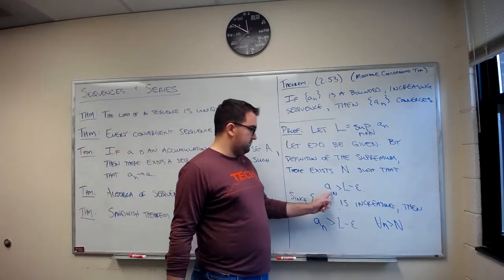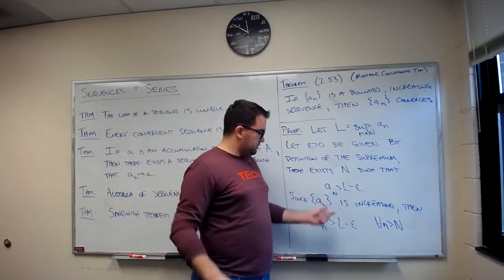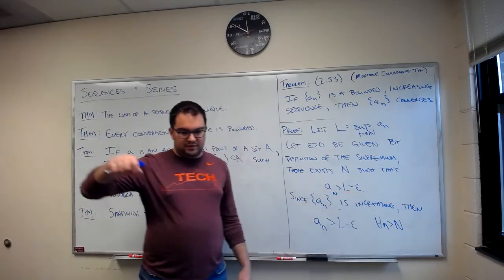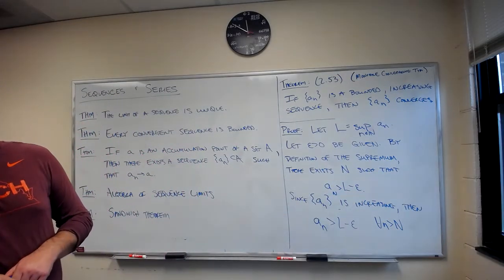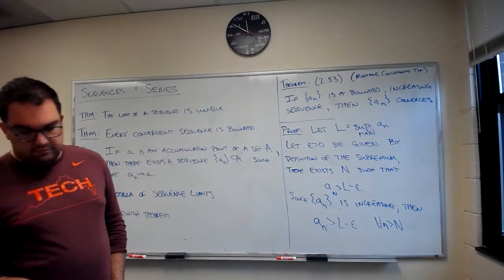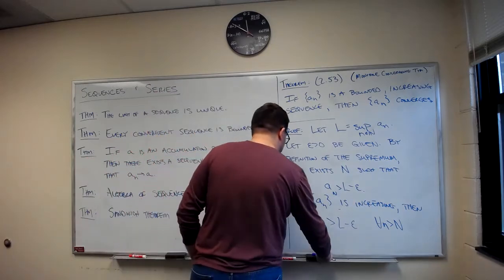Because all of the a sub n's are getting larger. So if this one's bigger than L minus epsilon, then so are all of the other ones. Okay. All right. So then what do we have?